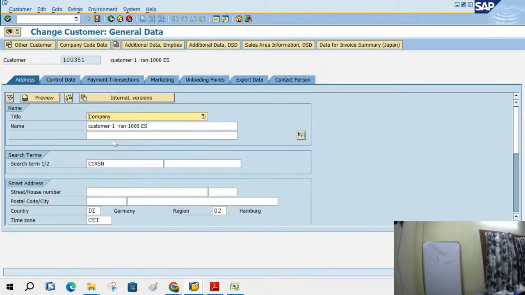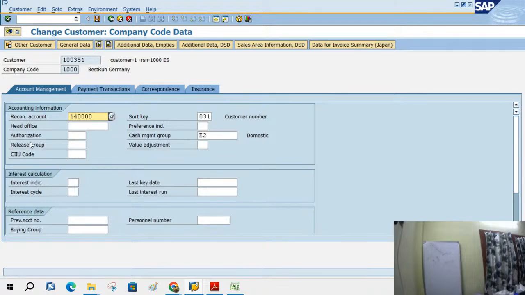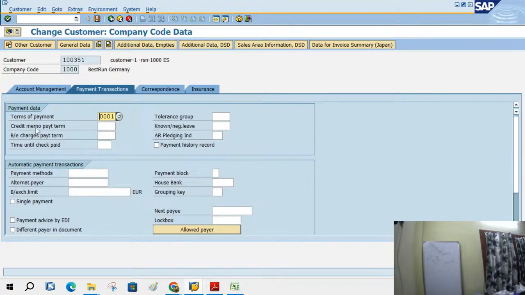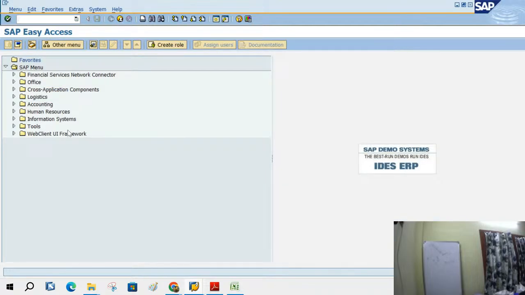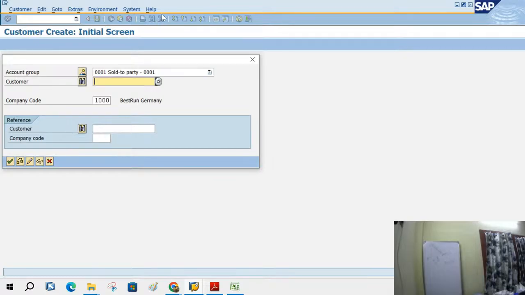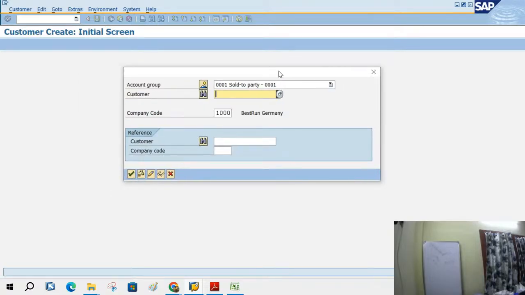So in FD01, what all have you done in the 1000 company code? You have entered the account management tab, reconciliation account. Then you have entered the sort key and the cash management group. And then you have entered terms of payment. Yes or no? So now please take down the notebook, everyone, and write down the consultant work for FD01.